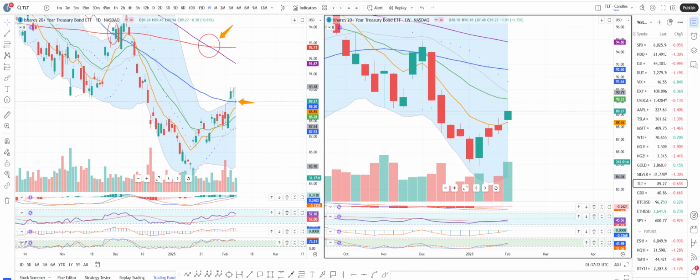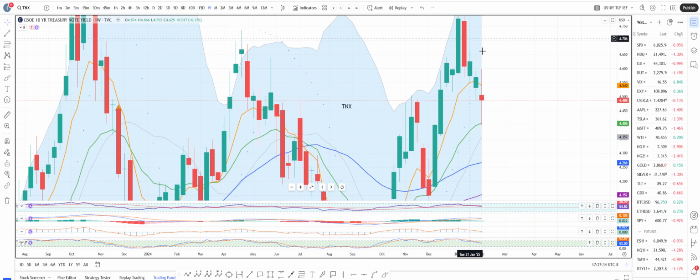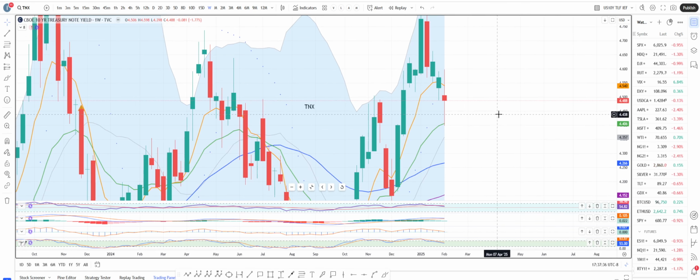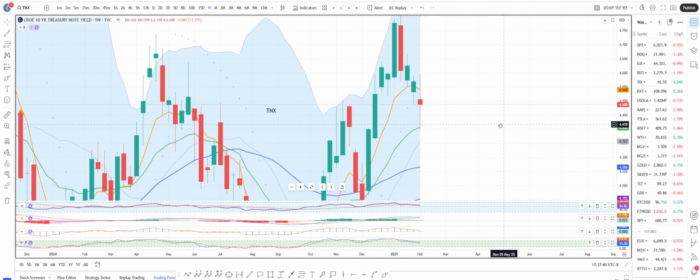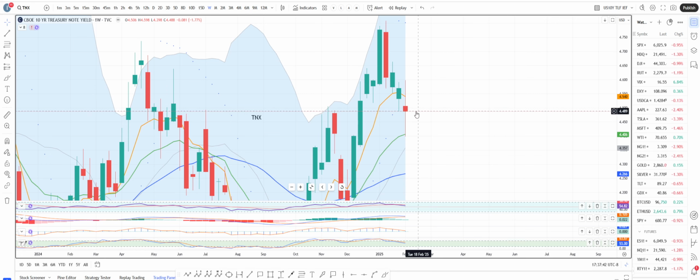And finally, some of you track the yield on TNX. This is a very interesting closure today. The weekly candle closed exactly at the low of the previous week. So technically, from the candles perspective, it is a bullish combination, and the chances for a move higher next week would be considerable.